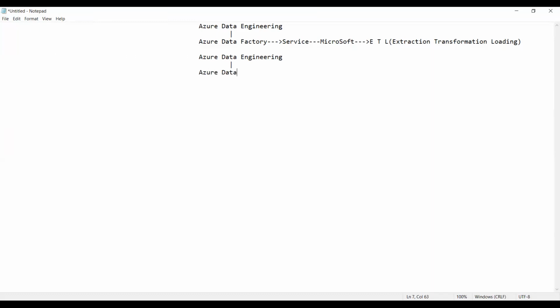This is also one of the services provided by the Microsoft to perform the job of the same ETL. This is also used for ETL only.